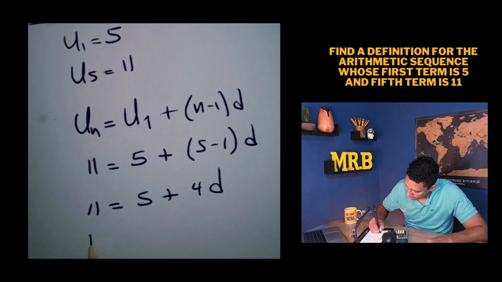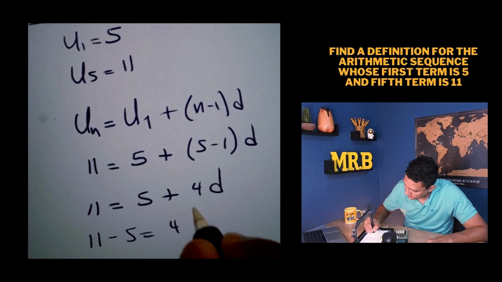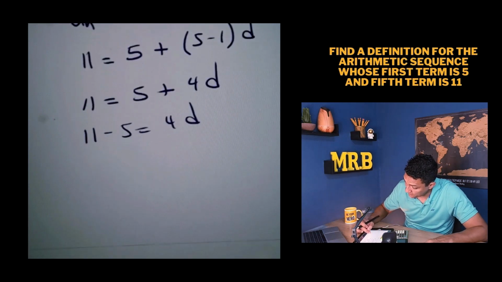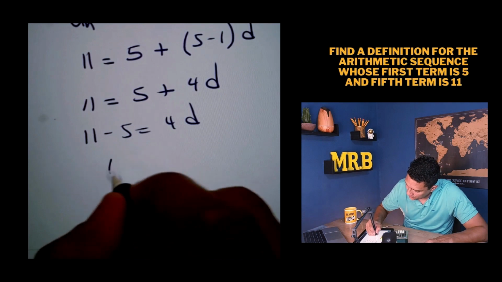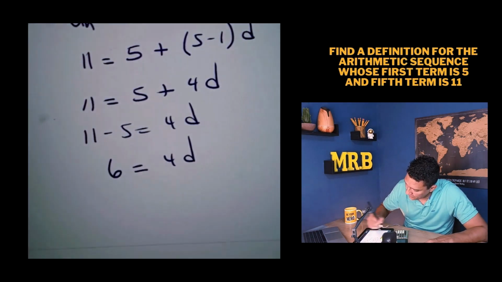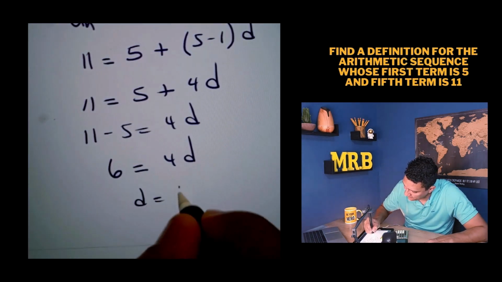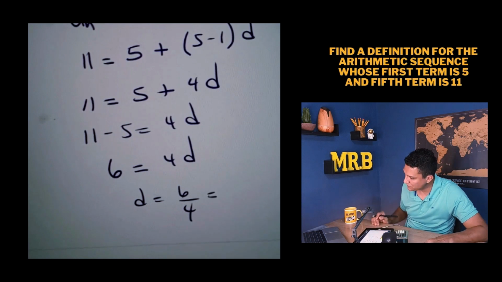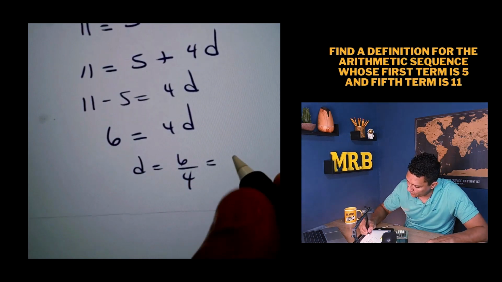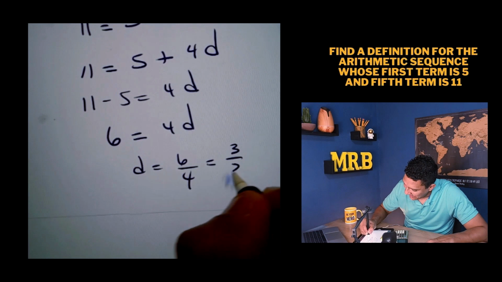Now I'm going to pass the 5 subtracting, so there's going to be 6. And now the 4 is going to pass dividing. So 6 divided by 4, that is 3/2.